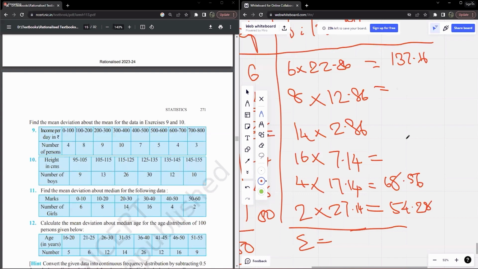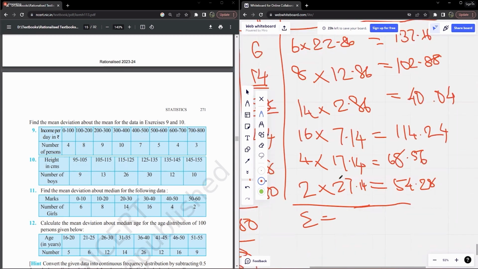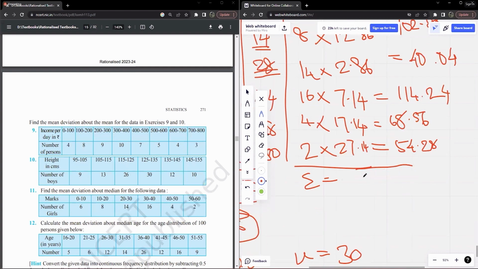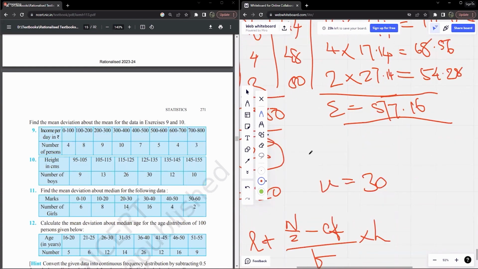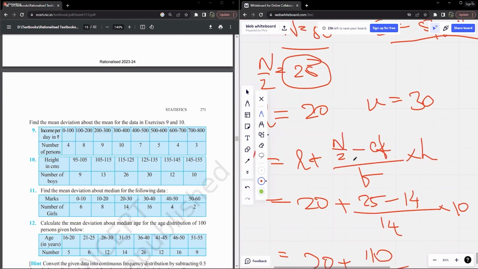And 14 into 2.86 is going to be 40.04. And then you have 7.14 into 16. That is going to be 114.24. Finally, the sum is going to be 517.16.